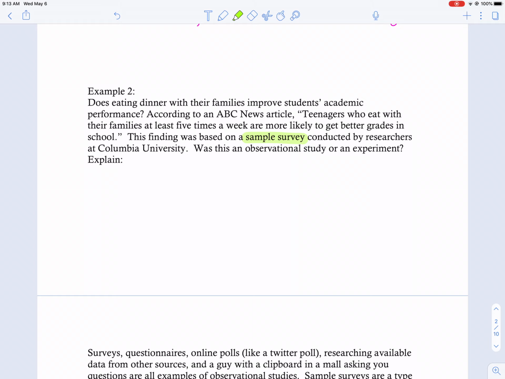Okay, so I would say immediately this is an observational study. No treatment was imposed.